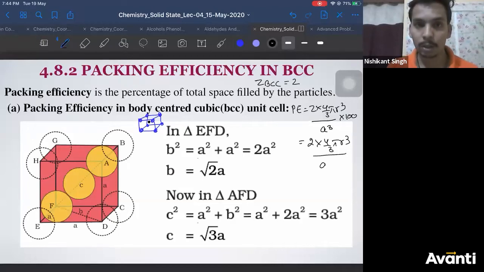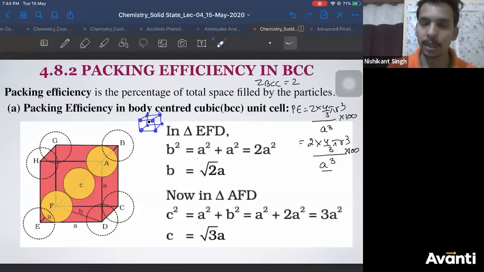Now we need to find the relationship between a and r. We need to see which particles are touching each other. I already told you: the top corner of the body diagonal, the bottom corner of the body diagonal, and the body center particle. These three particles are touching each other.